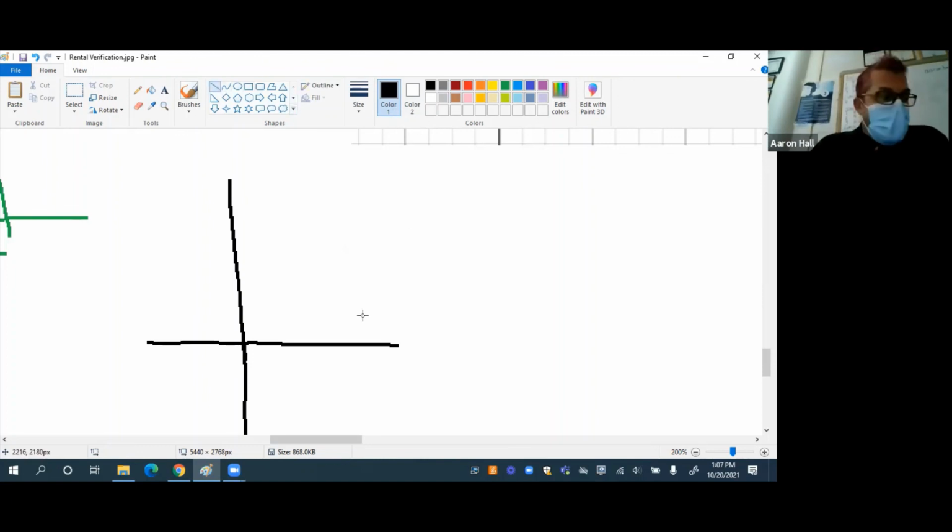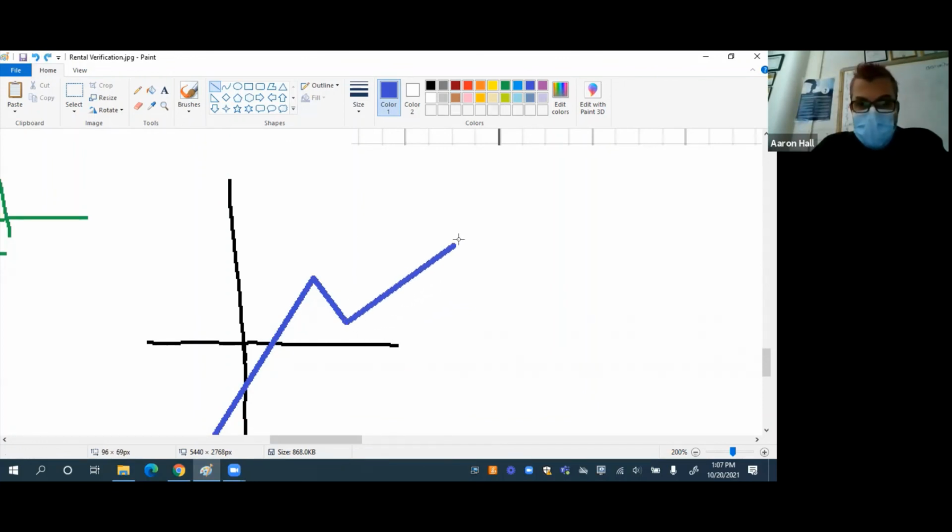Okay, so let's say that we have something like, let's use a different color, like this. And the directions are to find the derivative graph for this.